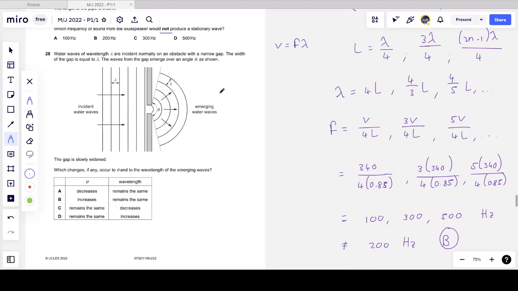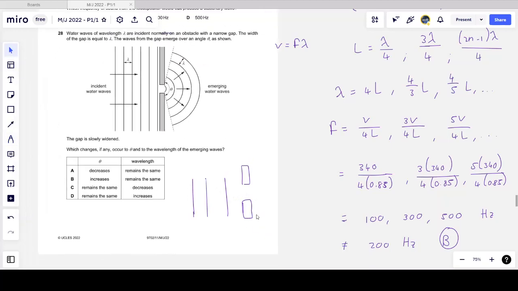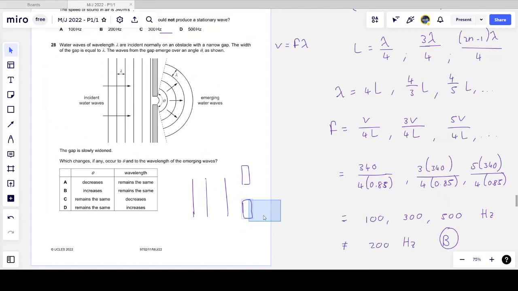We're asked to determine that, and we also want to know what happens to theta. So if I widen this gap, I'm just going to draw on this diagram. Here are the incoming waves. They still have wavelength lambda. We want to know what happens to the wavelength after they pass through the gap. But now the gap is wider than it was before.